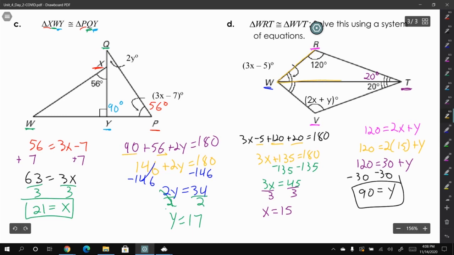And this was a triangle I was looking at. So I solved that and I got x equals 15. Then I looked and said, well, angle R and angle V are congruent. So I set up an equation, 120 equals 2x plus y, plugged in 15 for x, and that then gave me 90 for y.